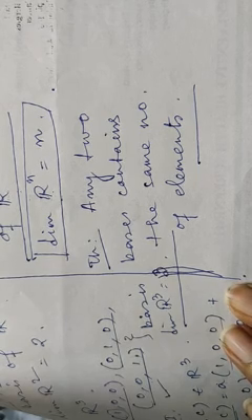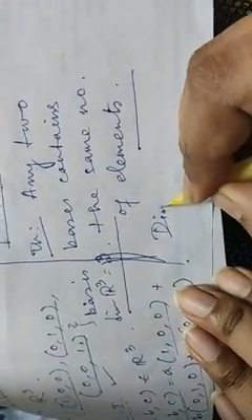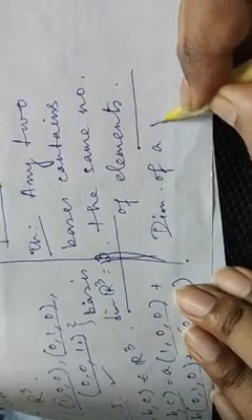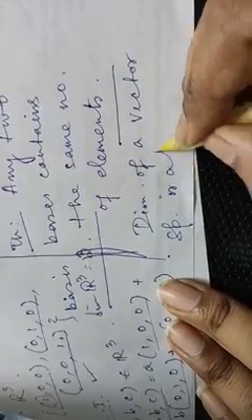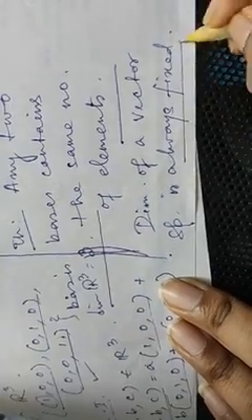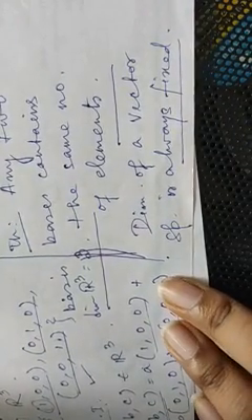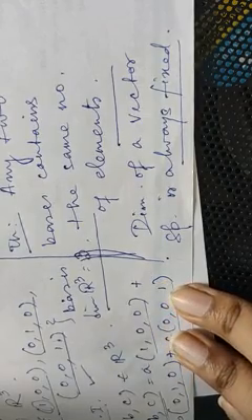That means the dimension of the space is always fixed. It is not like from one basis we get the dimension is 2, from another basis we get the dimension is 3. No, this is not possible. That means the dimension of a vector space is always fixed. Okay, so this is how we find a basis and dimension for a vector space.